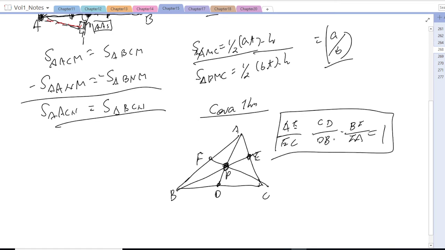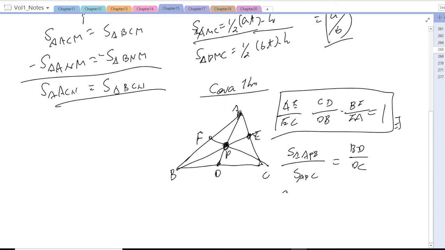Okay. So when you prove this Ceva's theorem, we use the area. You can see the triangle APB over the triangle APC is equal to BD over DC.